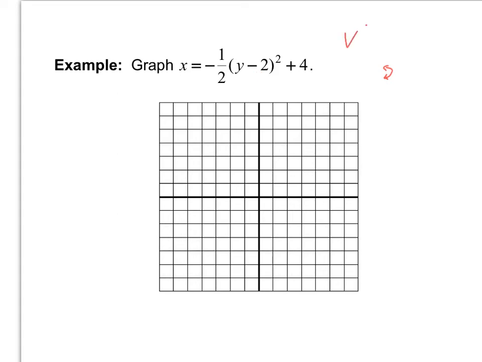So my vertex has a y coordinate of 2, because that's what I see here in the parentheses with the 2, and I need the opposite number. And then this is not changed. It's going to be a positive 4, but it is the x coordinate. So the vertex of this parabola is the point 4, 2. So there's my vertex.